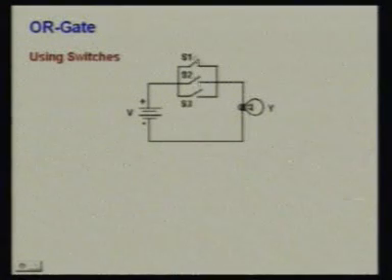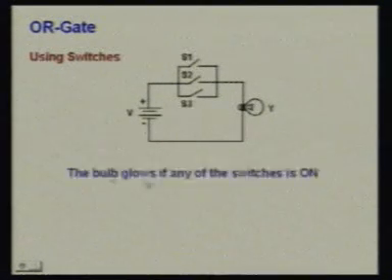If S1 and S2 are closed and S3 is open, the current will flow and the bulb will glow. So if any of the switches is closed, we have a 1 state, an on state of the bulb.